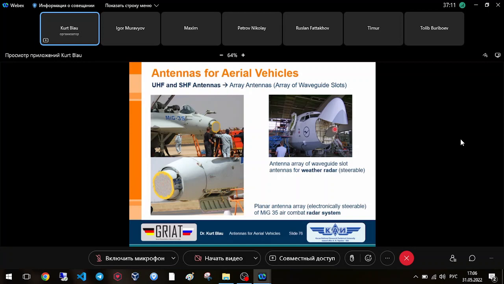And here you can see a mechanically steered weather radar antenna. You know, weather radar works at about 9.935 gigahertz, and in this case the mechanical steering is sufficient for this application. You can steer it up and down and in a certain angle, left and right.